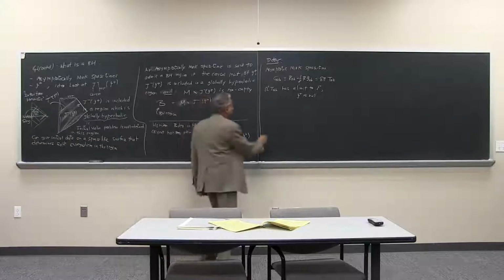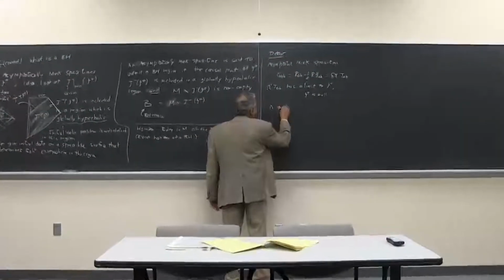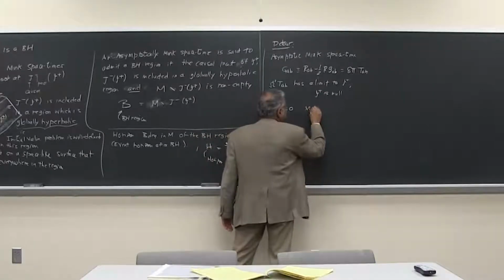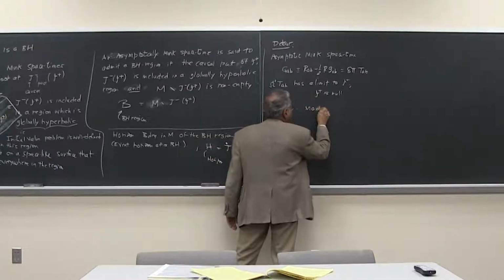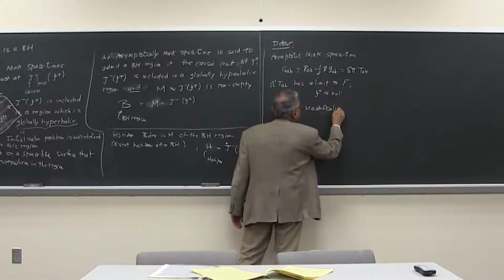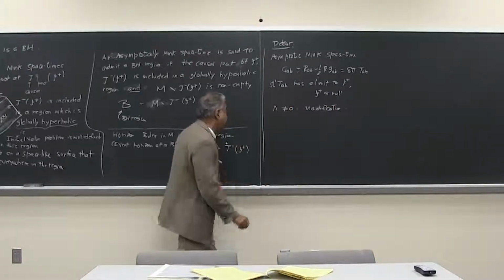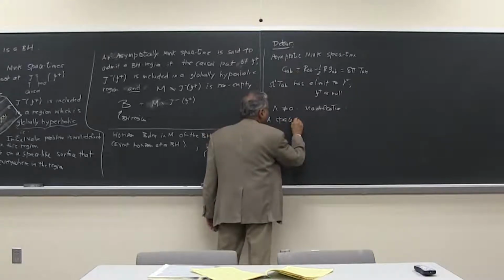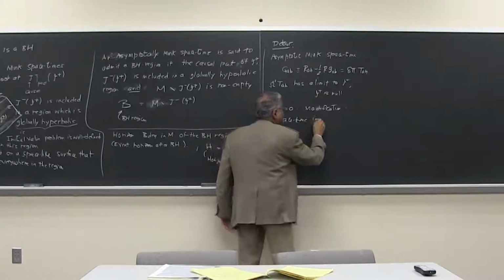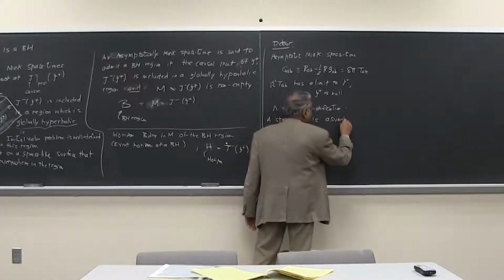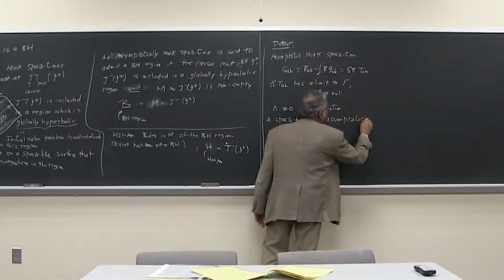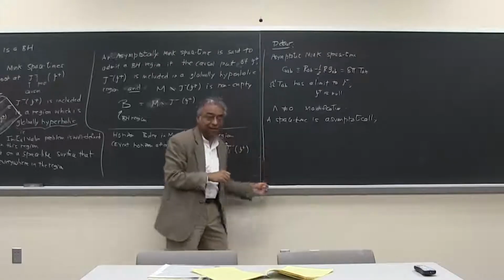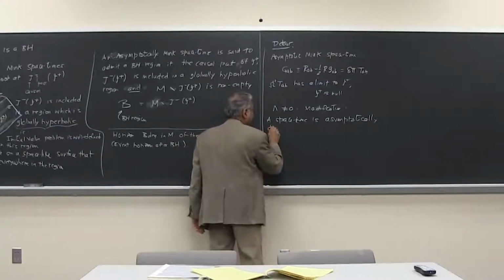If we have a cosmological constant, then the modification of that definition is to say that a spacetime is asymptotically de Sitter or anti-de Sitter. Let me just do de Sitter, because I don't want to take too long to write.